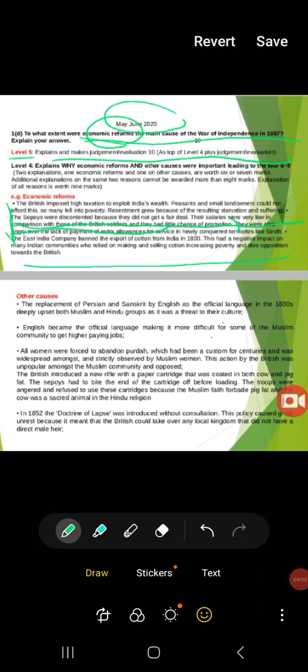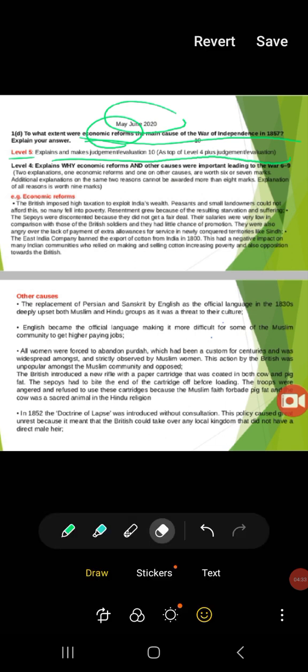They were discontented. They did not get a fair deal. Salaries were low. You see, the first point is high taxation. This paved way for the lower class and peasants to fall into poverty. Second point is dealing with the sepoys who were discontented because they did not get a fair deal and they did not get promotion.